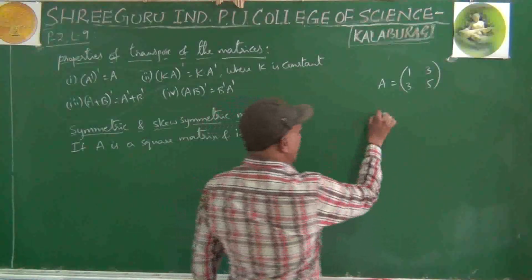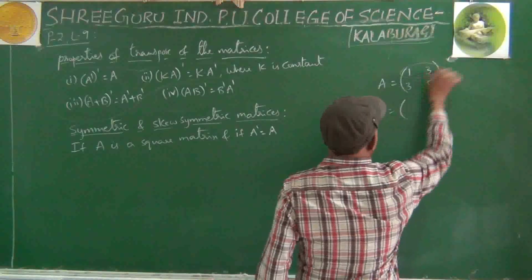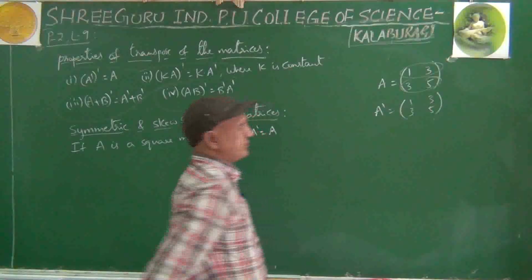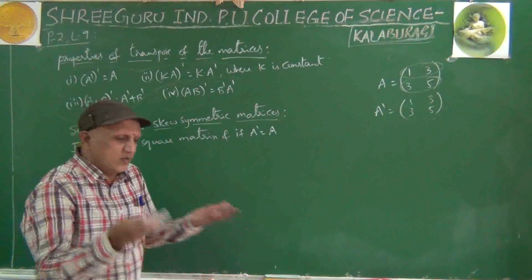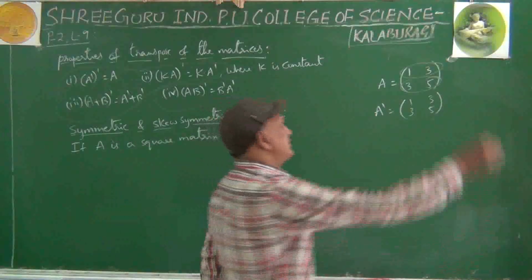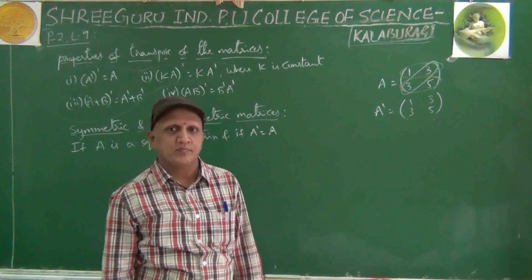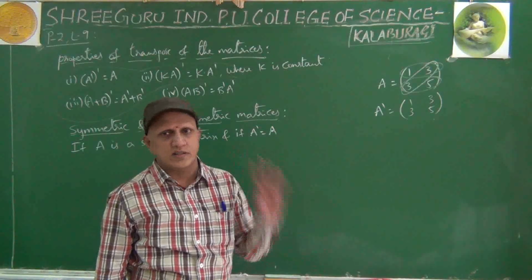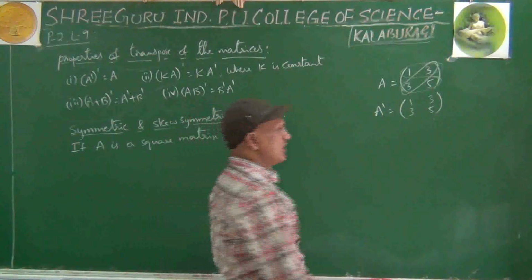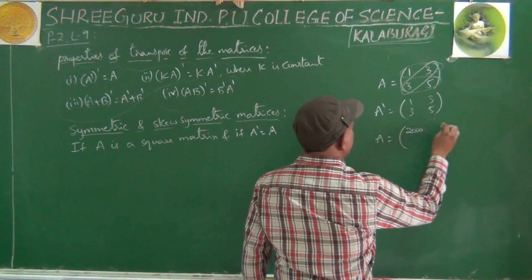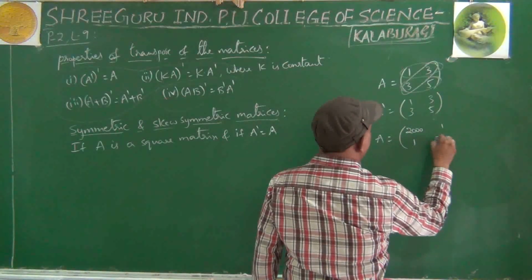Let us see. A dash equals, first row becomes first column, second row becomes second column. Sir, how can we frame the examples? Just simple, these two numbers should be same. You try. Those two numbers should be same. That's it. Capital A equals 2000, 7,000.